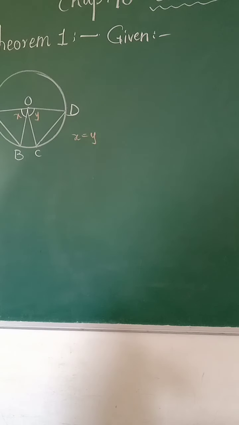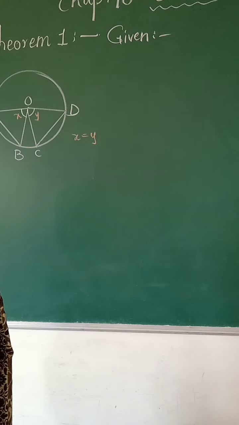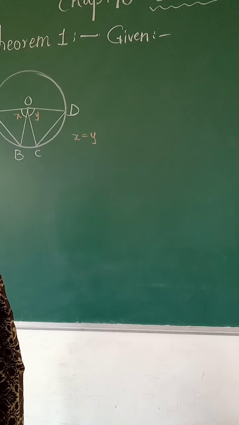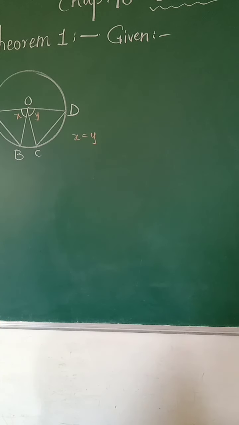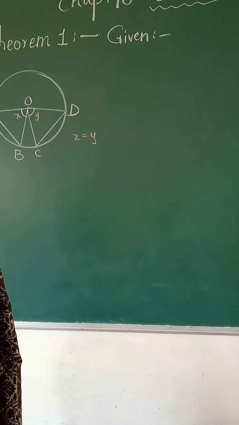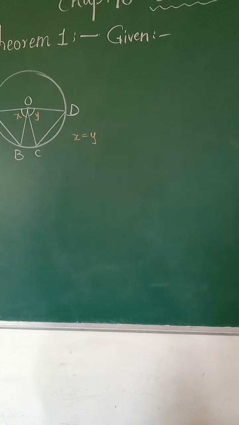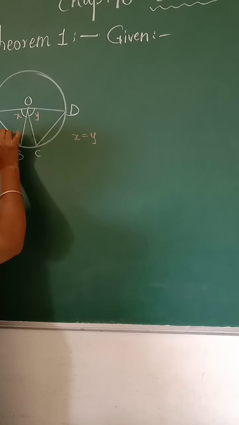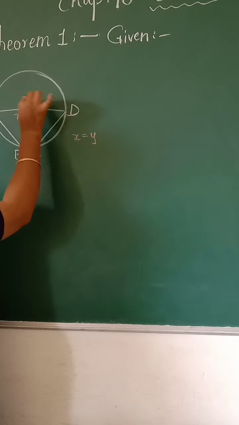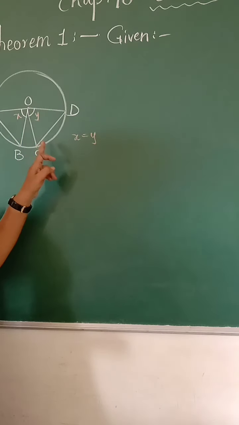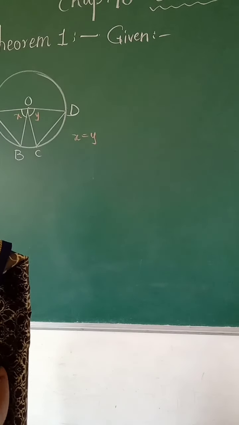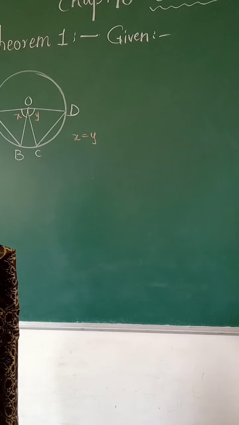So here given can be: the circle with center O, AB and CD are two equal chords of the circle, which subtend angle AOB at the center by the chord AB and angle COD by the chord CD. This much information will come in the given.